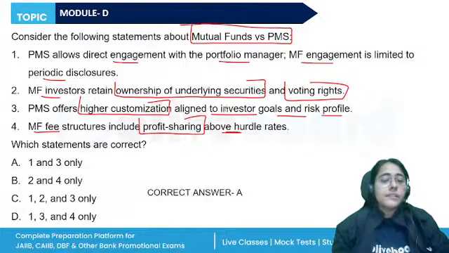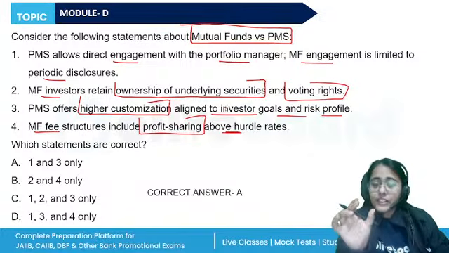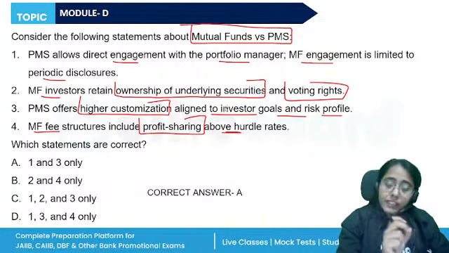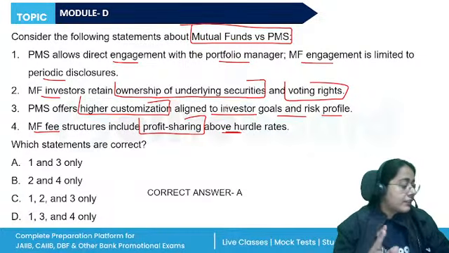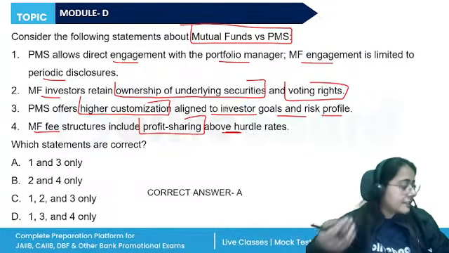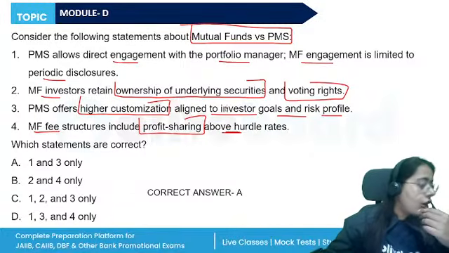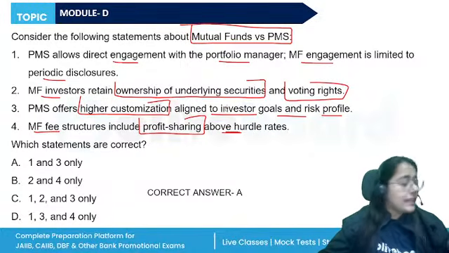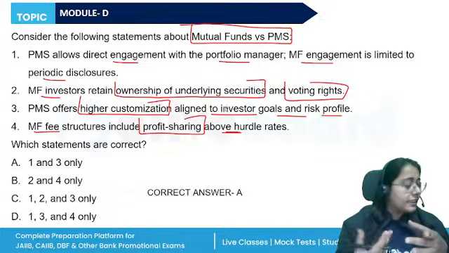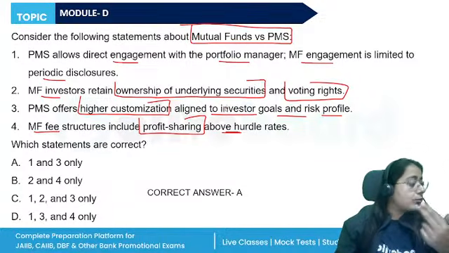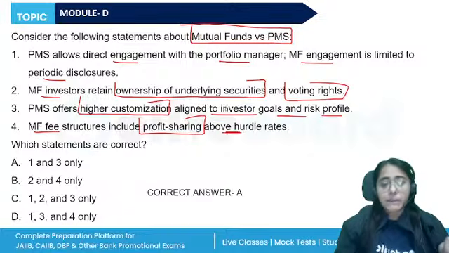So what is the difference between mutual fund and portfolio management? Which has more customization? Obviously, portfolio management. The strategy is tailored specifically to the goals of the investor. Mutual fund customization is to the extent of the classification and diversity of the fund, whether it is a debt mutual fund or an equity mutual fund. On scheme engagement, obviously the portfolio manager is more engaged with the client as compared to the mutual fund manager.